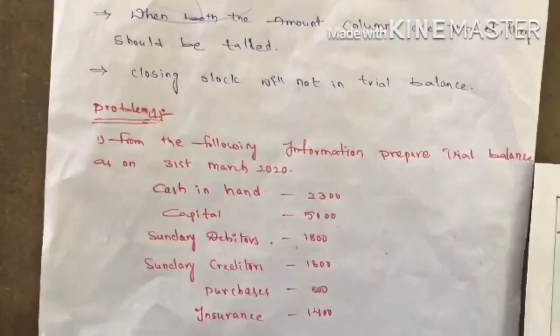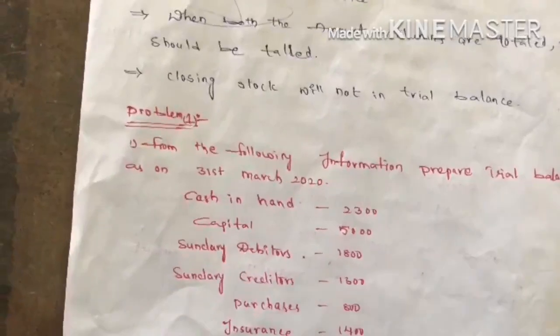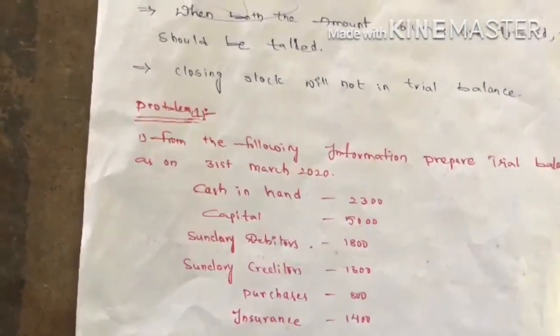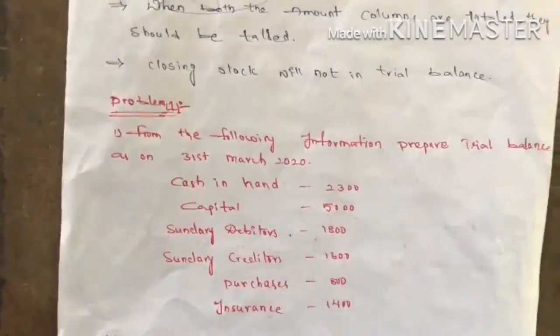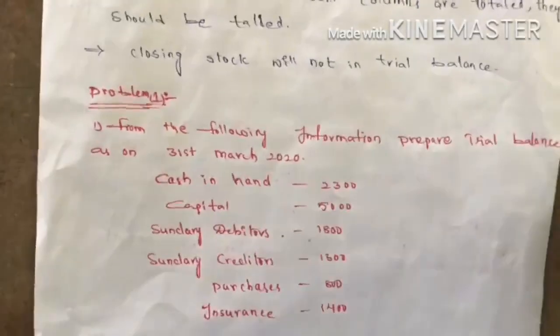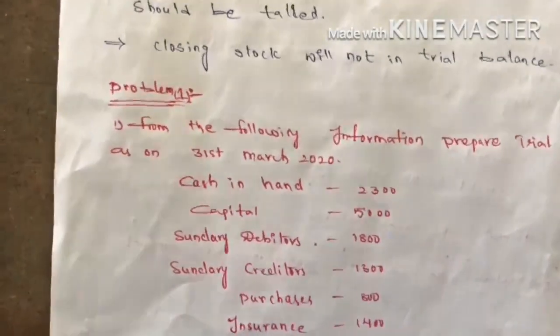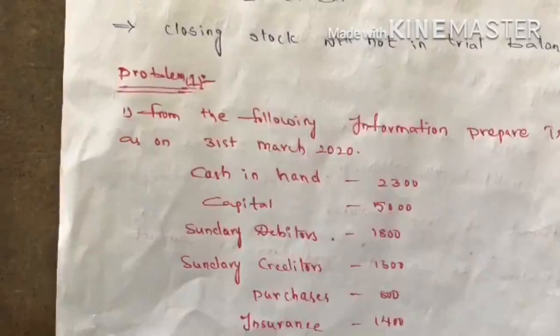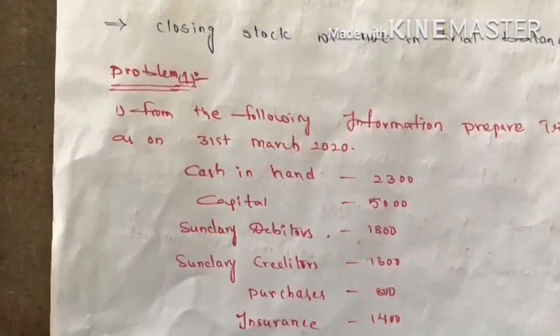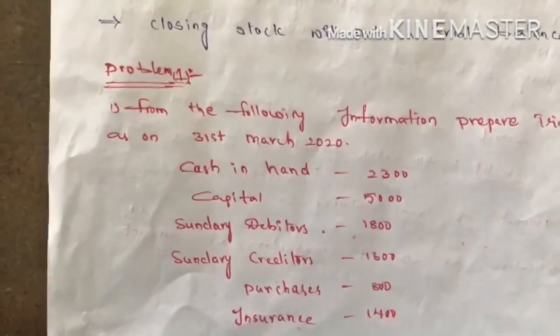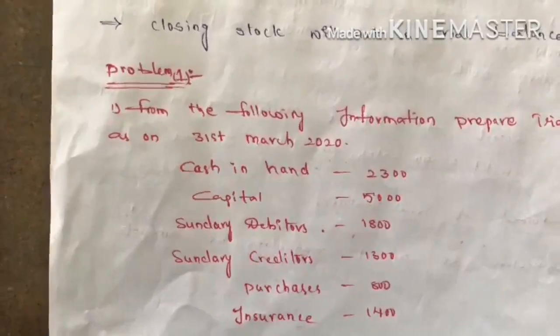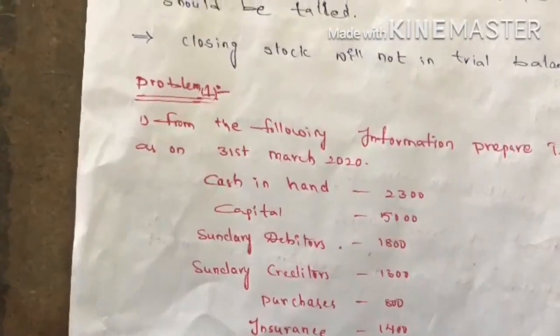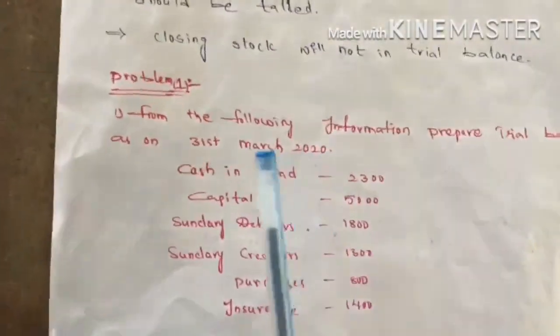Cash in hand, so is it a liability, asset, or purchase? We know the first one. How do you know? You can remember the rule of debit and credit of a trial balance.